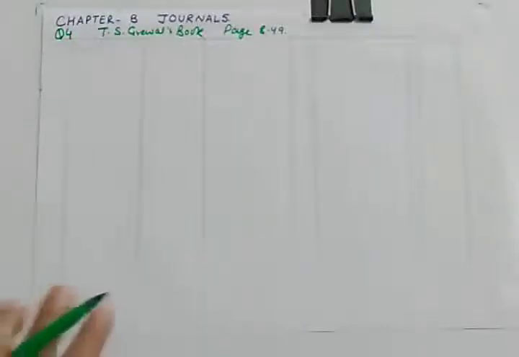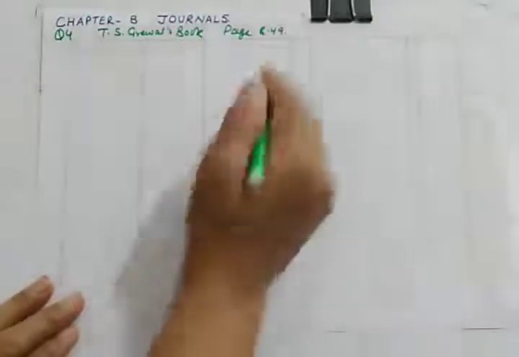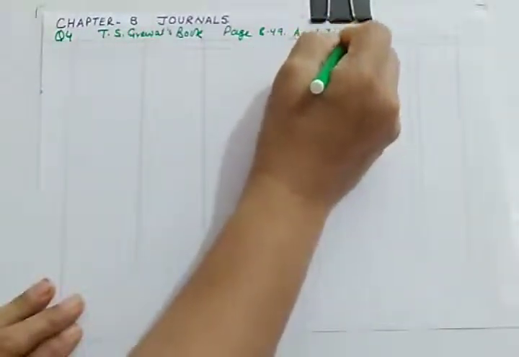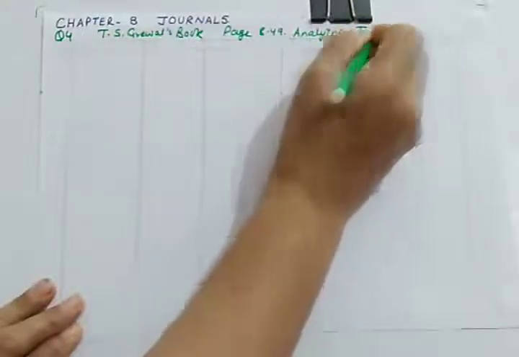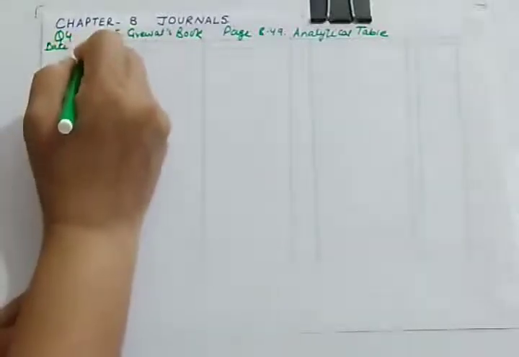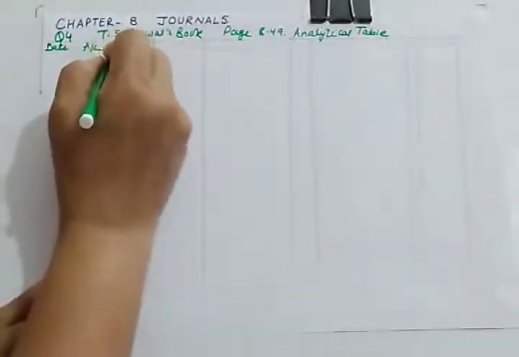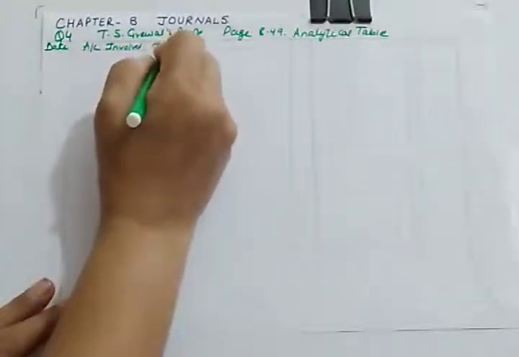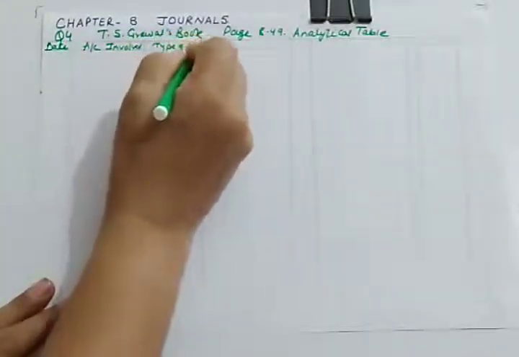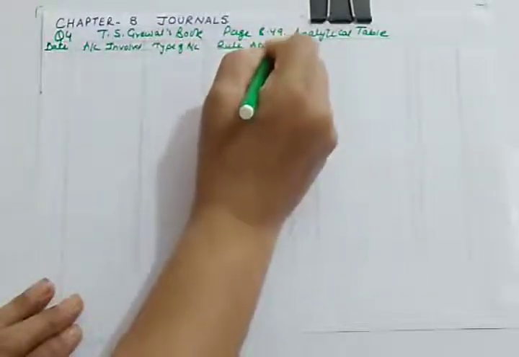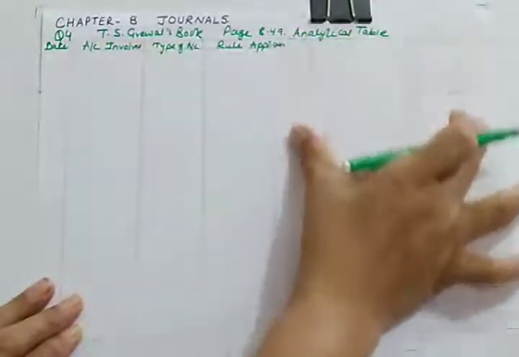So while analyzing and making analytical table, I am writing here analytical table. You know the format of analytical table. This is my date and here I'll be writing accounts involved, then a type of account, rule applicable, and then here this is the format of journal.